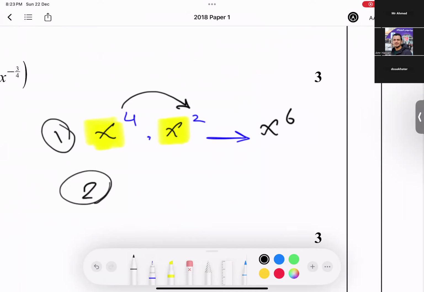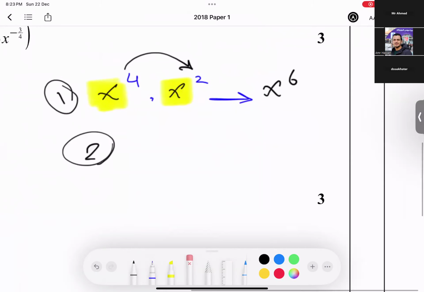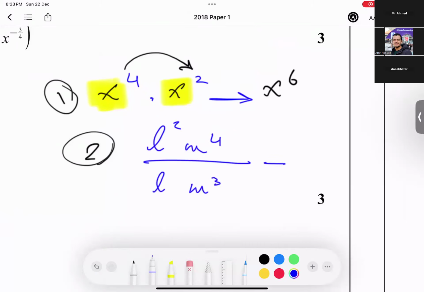What about the other rule? In the case of dividing, we need to subtract the exponents from each other. So if we get something like l squared m to the power 4 divided by l m to the power 3, I think I got the same base up and down, right? So let me write l to the power 2 minus 1. What is 2 minus 1?